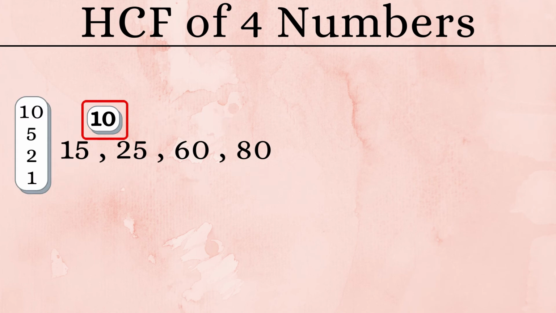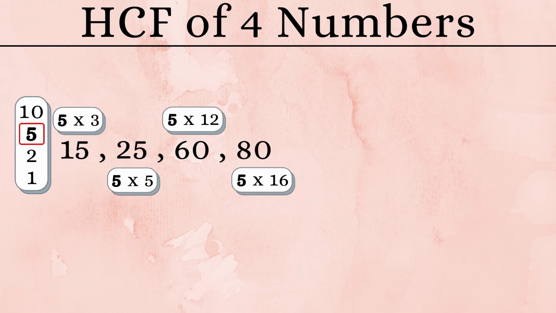So let's list down the factors of 10 and find the next largest factor, which is 5. Now we can see that all the 4 numbers 15, 25, 60 and 80 are multiples of 5. So the HCF of these numbers is 5.